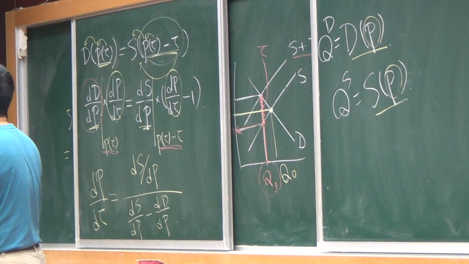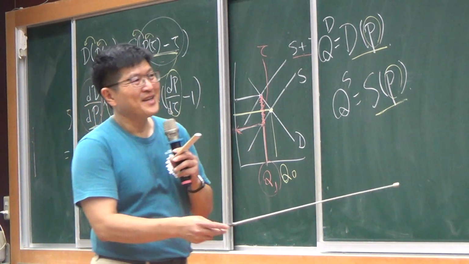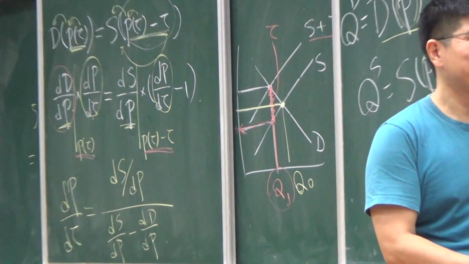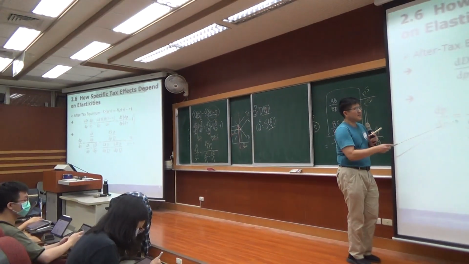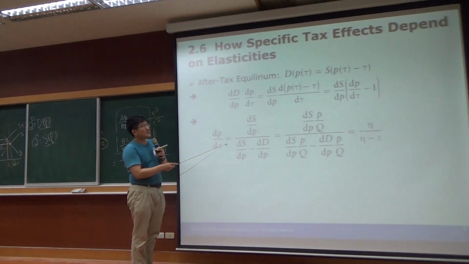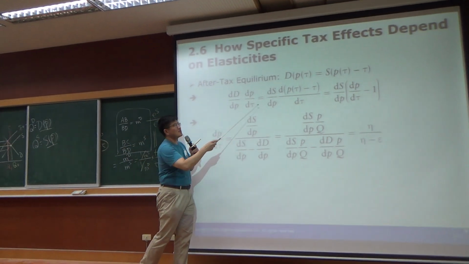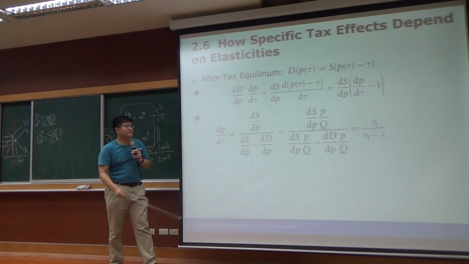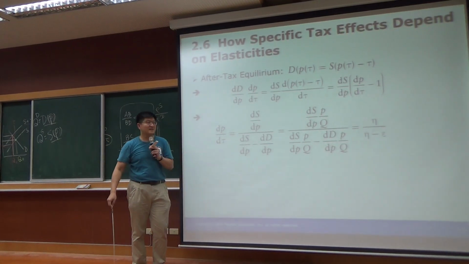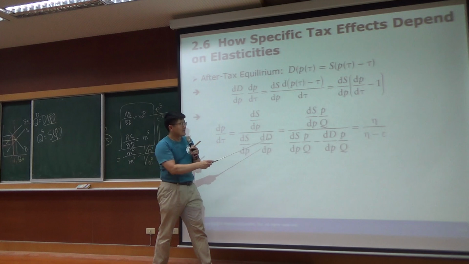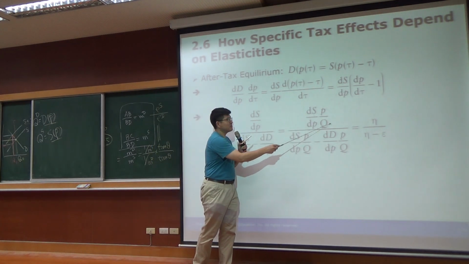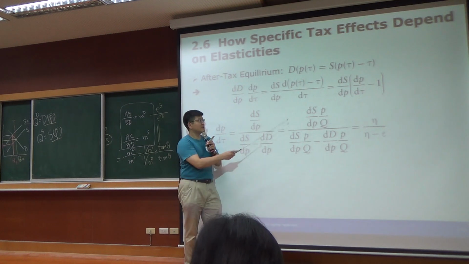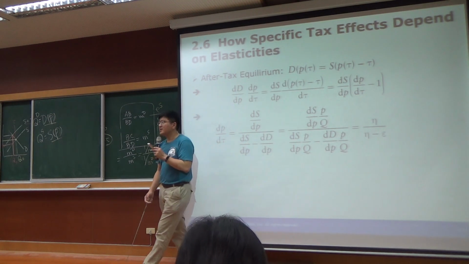And all right, what is the next equal sign? This equal sign comes from the arrangement of the previous equation. And for this equal sign, we just multiply p over q in the numerator and the denominator, right?